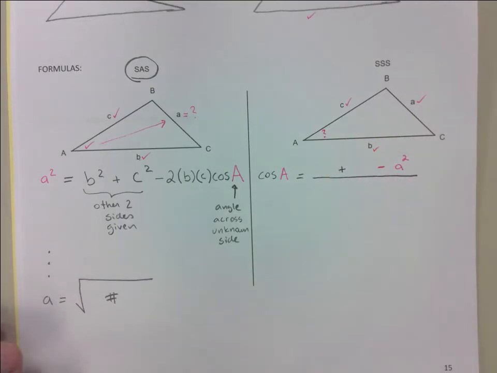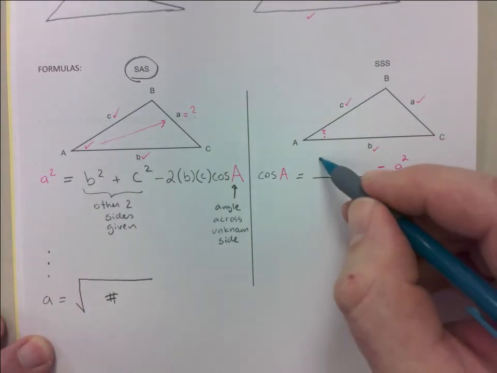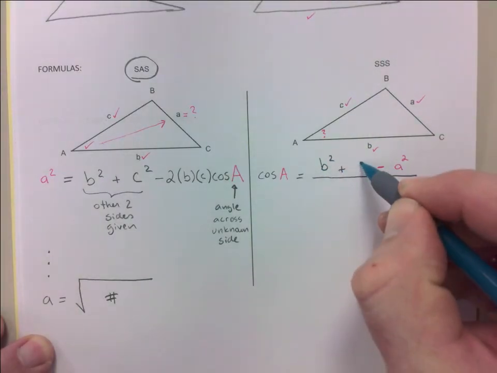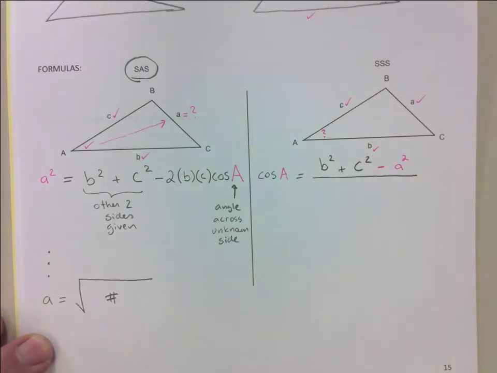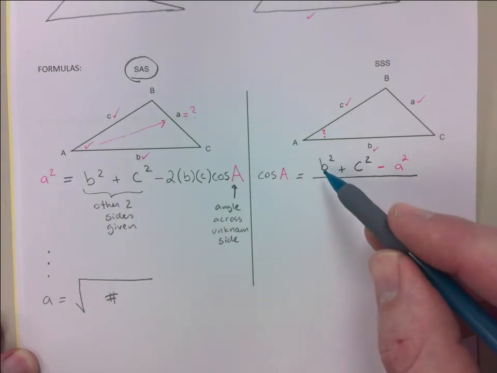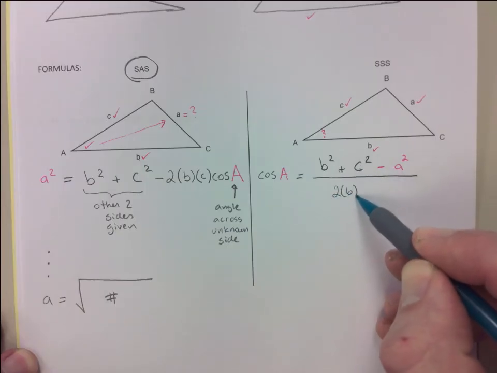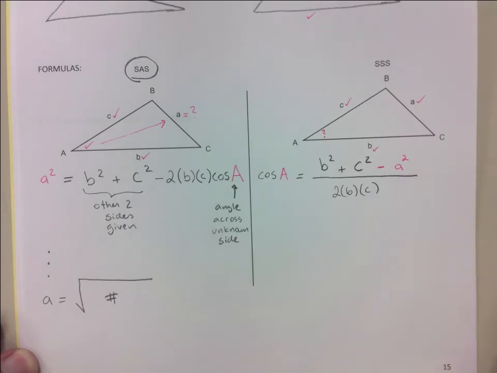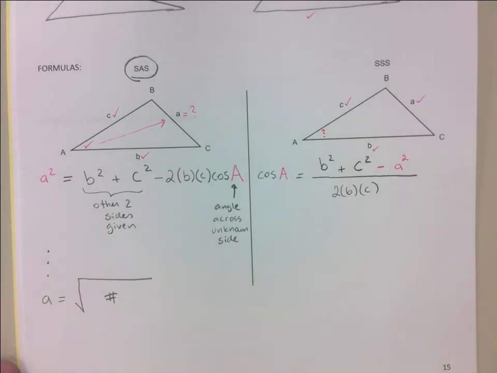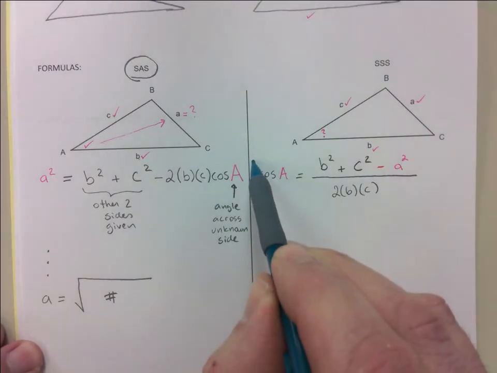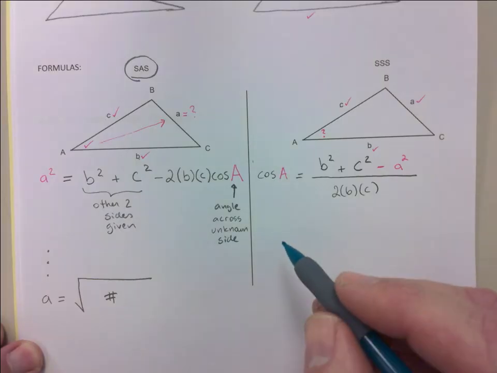And you're left with the other two sides, which is B and C, right? In any order you would like, you fill them in there. And in the denominator, you have these two sides appear again: 2 times B times C. And guess what?